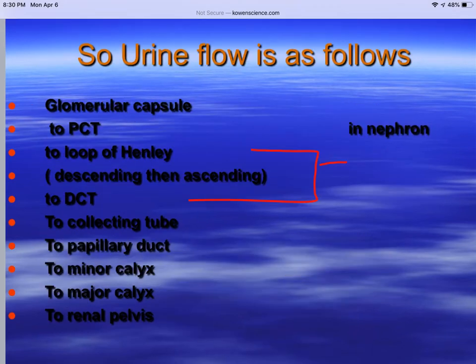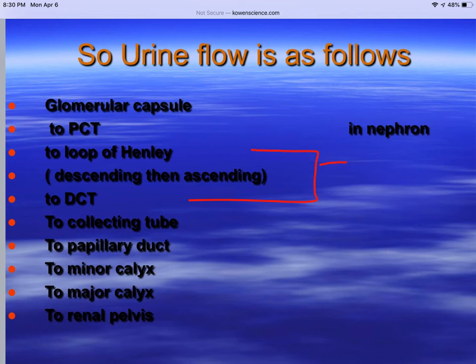So I like to ask this short answer question, just to give us a flow of how urine moves from the glomerular capsule to the proximal convoluted tubule to the ascending and descending loop of Henle, to the distal convoluted tubule, to the collecting ducts. From the collecting ducts, it will move to the papillary duct. The papillary duct is at the tip of the renal pyramid, then it moves to the minor calyx, the major calyx, the renal pelvis, and then from the renal pelvis, it's going to leave the kidney.